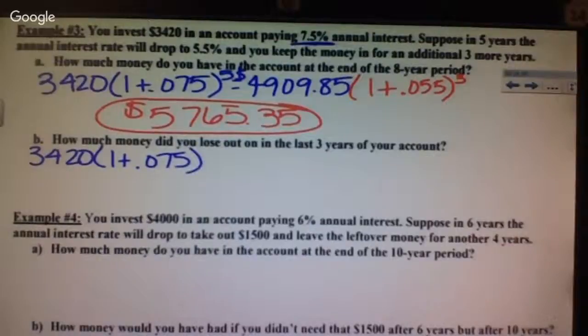And we're going to keep it in at that rate, lock it in for all 8 years. So if the interest rate would have never dropped, how much money would my account have? $6,099.49.